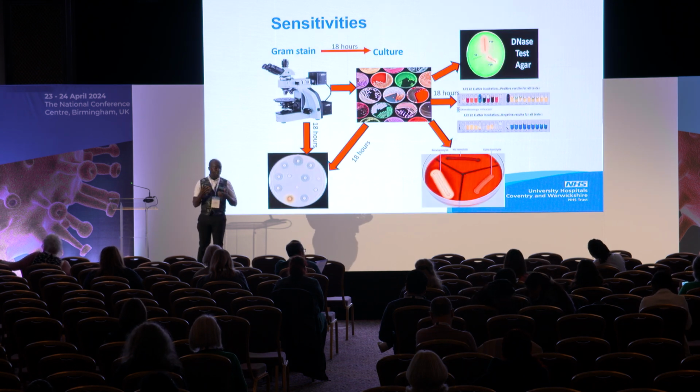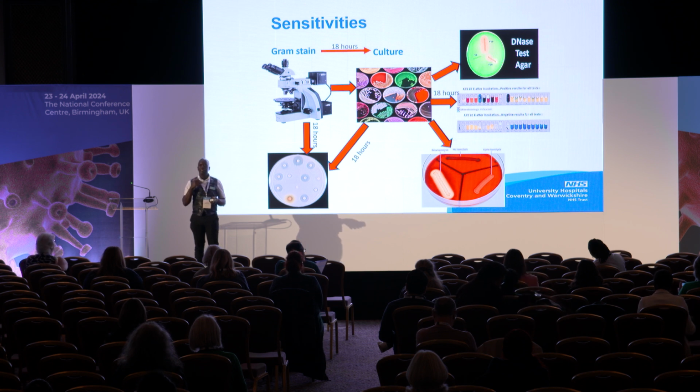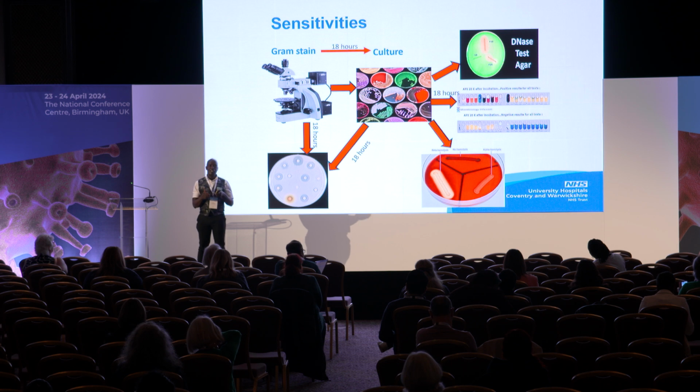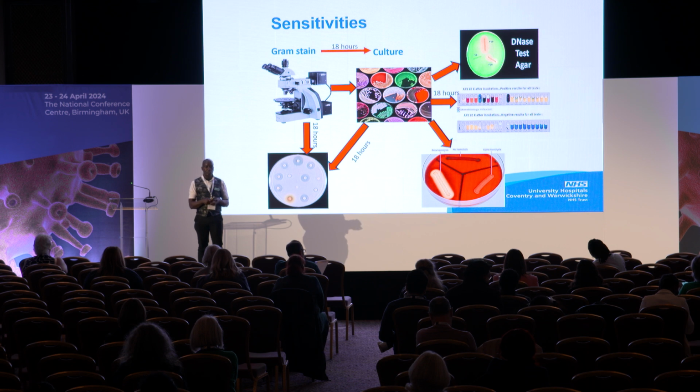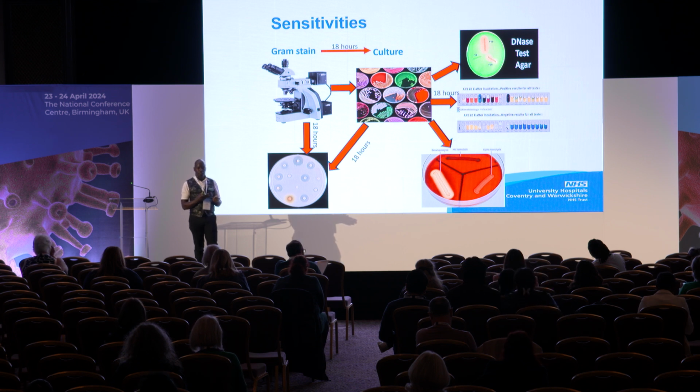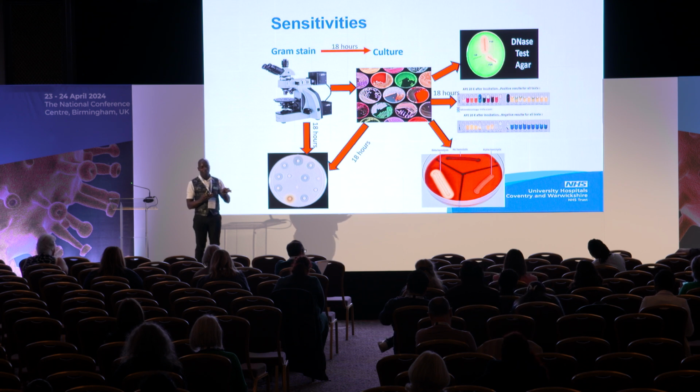Now, the other area of delay is sensitivities. With sensitivities, again, we need to grow the organism on a plate to do the sensitivities. That takes 18 hours to have growth and then determine the right sensitivities to do, which is another 18 hours.